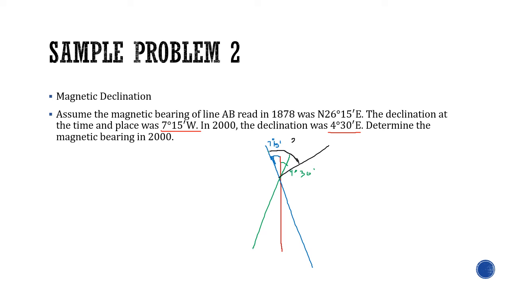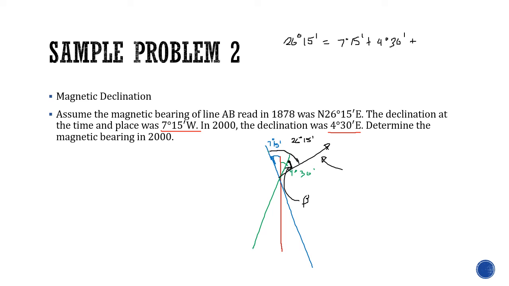So the angle of this one is 26 degrees 15 minutes. Now what you need to do is get the bearing of this line with respect to the new magnetic meridian. This is what we are looking for. What is this angle? If you analyze the figure, you will see that the 26 degrees 15 minutes is equal to 7 degrees 15 minutes plus the 4 degrees 30 minutes plus the unknown bearing.